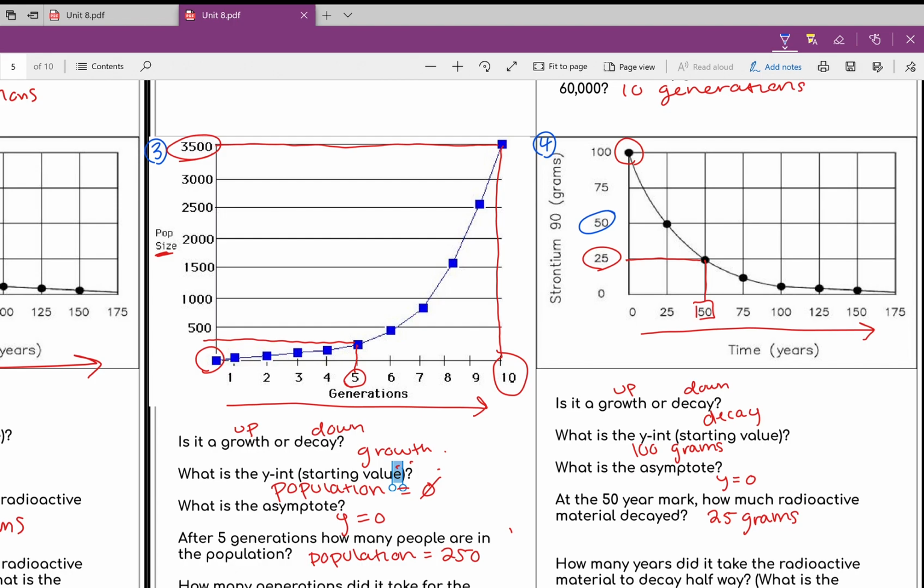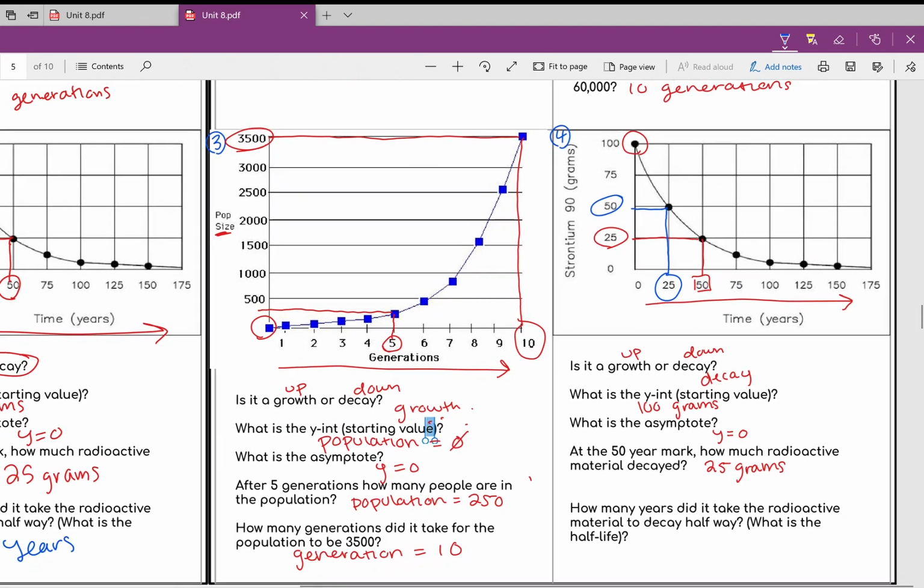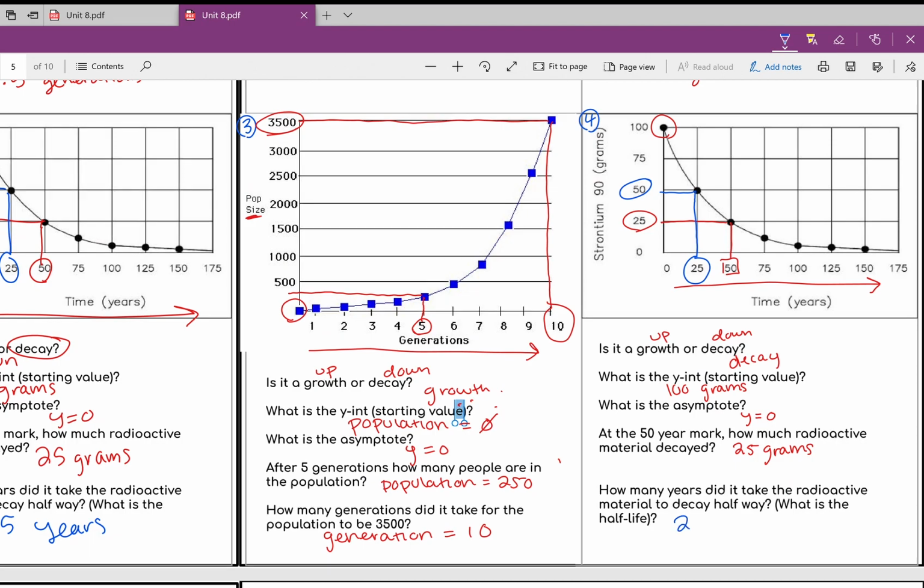So at how many years would it take our material to decay to 50? So if we follow this to the graph and we look down at the x-axis, we notice that it would take 25 years. So after 25 years, our radioactive material would decay halfway. So the half-life is 25 years for this radioactive material.